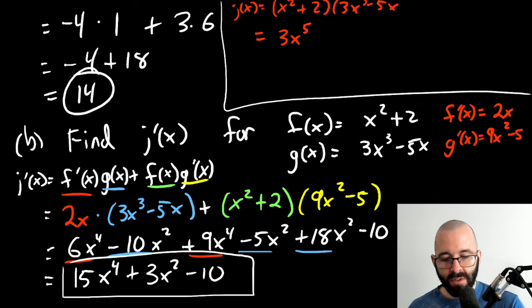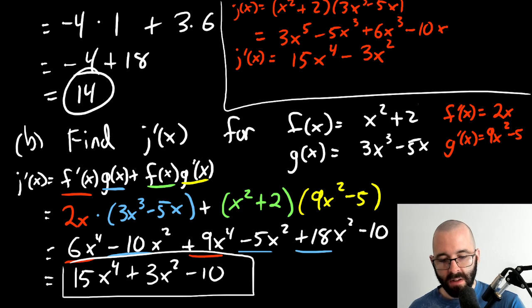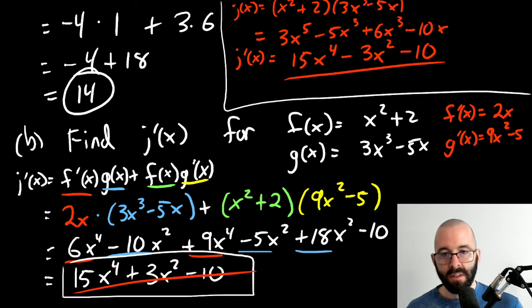It's 3x to the fifth minus 5x cubed plus 6x cubed minus 10x. So we should just be able to use the other differentiation rules to also get 15x to the fourth minus, this combines to 1x cubed, which is going to be 3x squared, minus 10. So these should be the same.